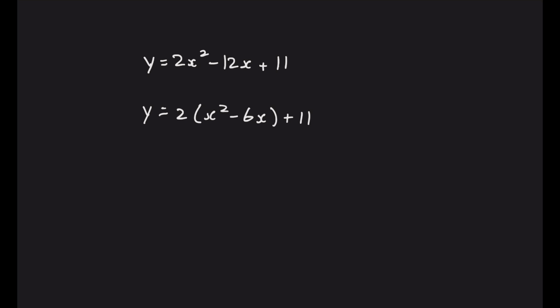But anyways, now the steps remain the same as the first time, where 6x is our middle number, and we need to find the magic number, if you remember. I like to call it b, but the magic number is the number divided by 2, squared. It doesn't matter that it's negative.